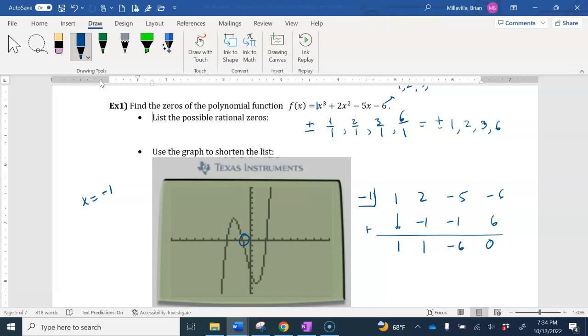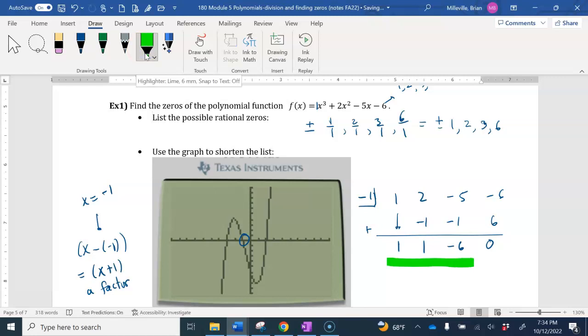If x equals negative 1 is a 0, then x minus negative 1, which is x plus 1, is a factor of the polynomial. These numbers that I'm just going to highlight, and then we're going to write it out, are the coefficients of the resulting quotient polynomial.